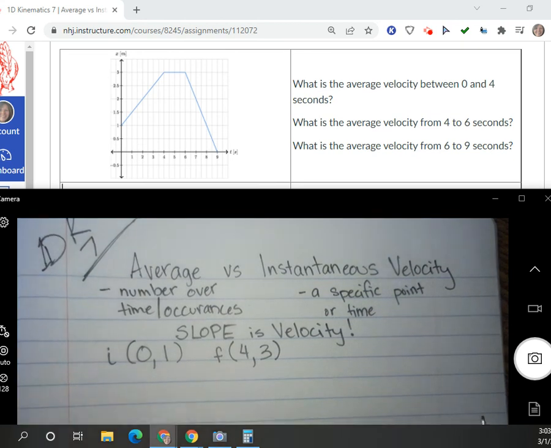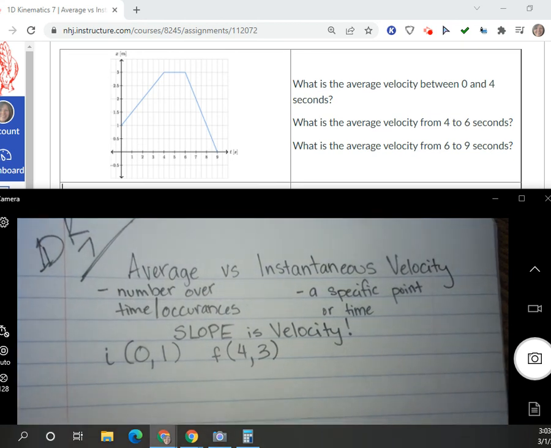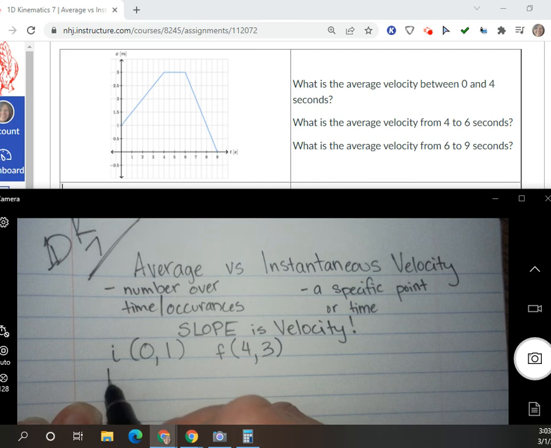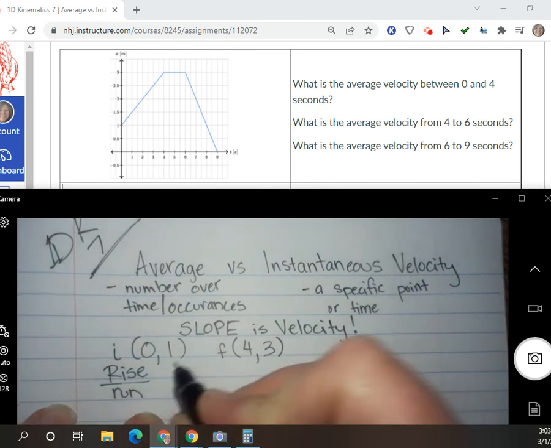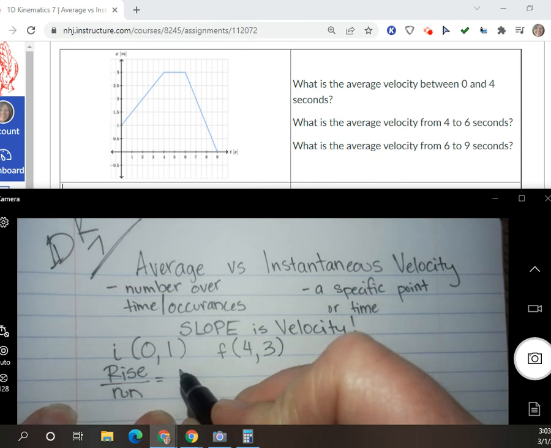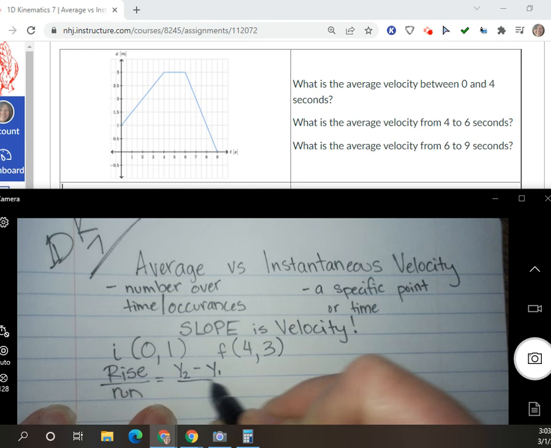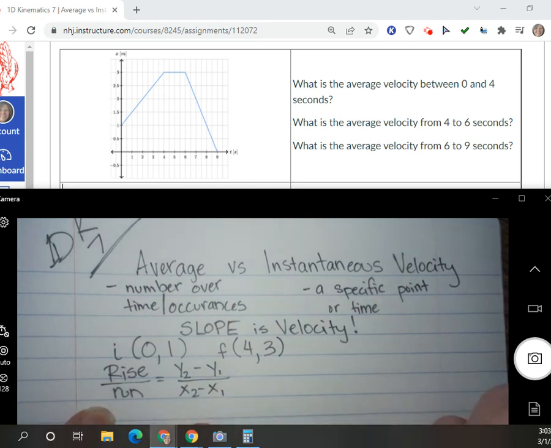Sorry for that interruption. But if we know that slope is velocity, we are going to find the rise over the run. So slope also equals rise over run. You probably remember from math classes that we would have y2 minus y1 over x2 minus x1.